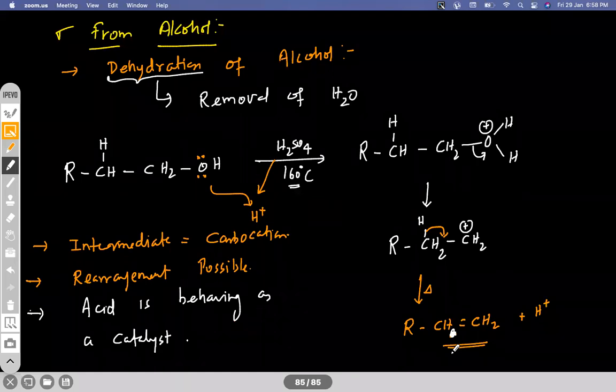Obviously, when alkene is forming, then the major product is always the more stable alkene.